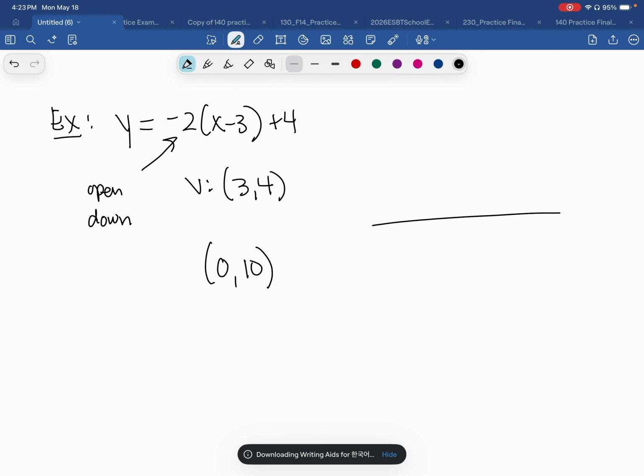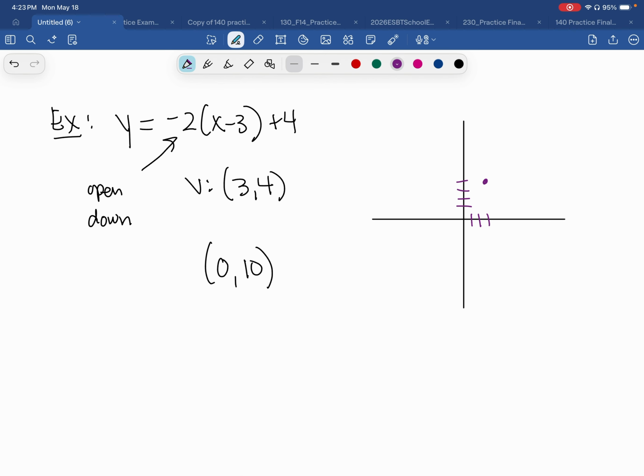So if I were to graph this one, my vertex would be at 3, 4. It's going to open down.